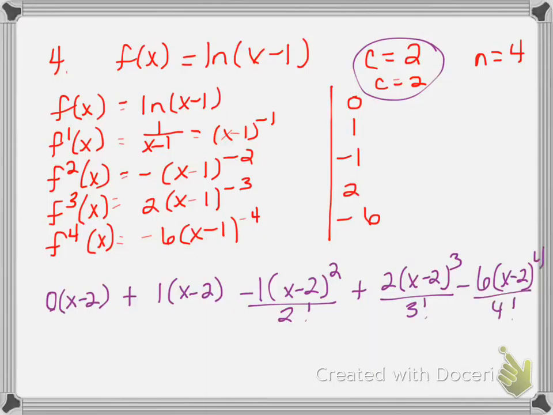What I was saying about the simplifying on this one, sometimes you got to come up with a pattern, and there's a pattern here. That's a 2 factorial on the bottom, which is 2, so this is negative 1/2 x minus 2 squared. Alright, 3 factorial is 6. 2 divided by 6 is 3, so there is a 3 on the bottom.